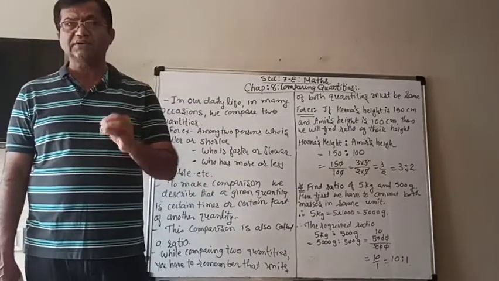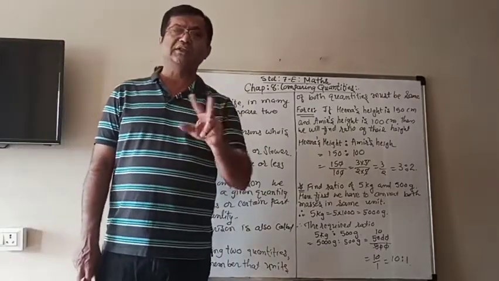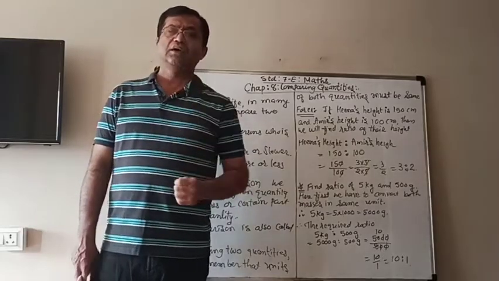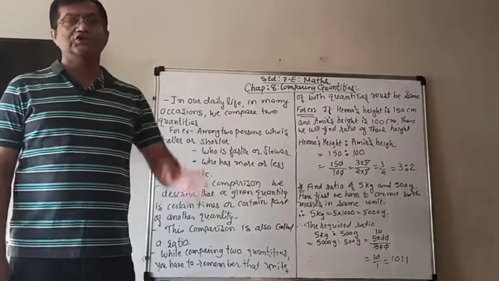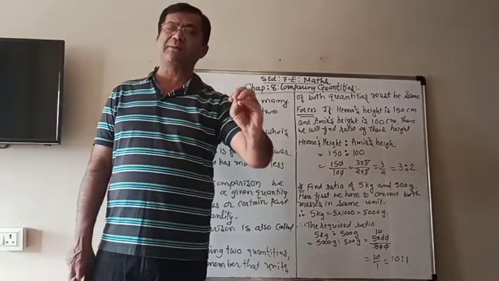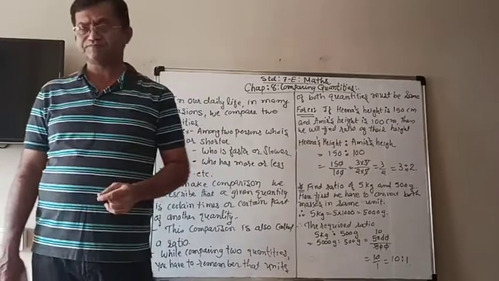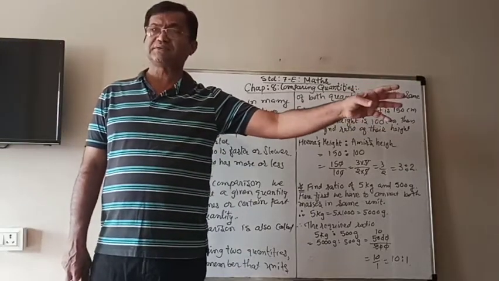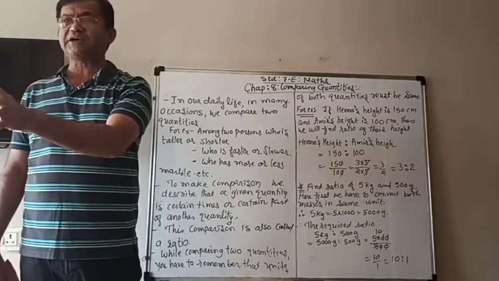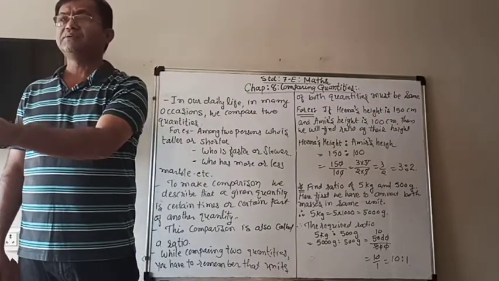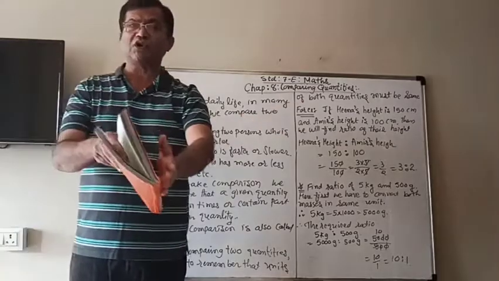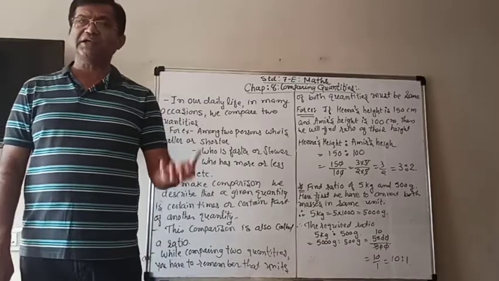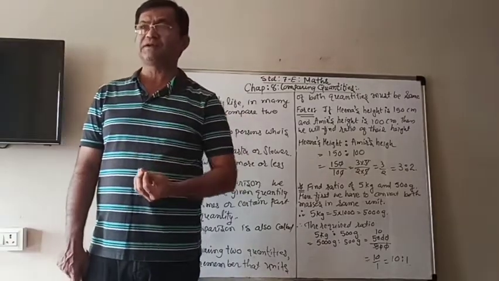You can't find the ratio when the two quantities have different units. You can't compare 5 kilogram to 7 meters, because kilogram is a unit for mass, and meter or kilometer are units of distance. For those quantities you can never get a ratio, because their units are different.